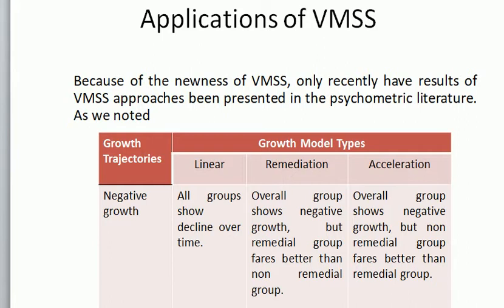Remediation: overall group shows negative growth, but the remedial group fares better than non-remedial groups. And third, acceleration: overall group shows negative growth, but the non-remedial group fares better than the remedial group. So these are mixed type of results.